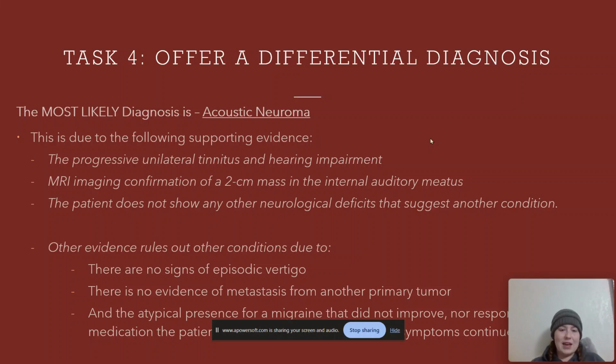There was no evidence of a metastasis from another primary tumor. And then, unfortunately, because his migraines did not improve nor respond to any of the medications, they could also not be part of this diagnosis.